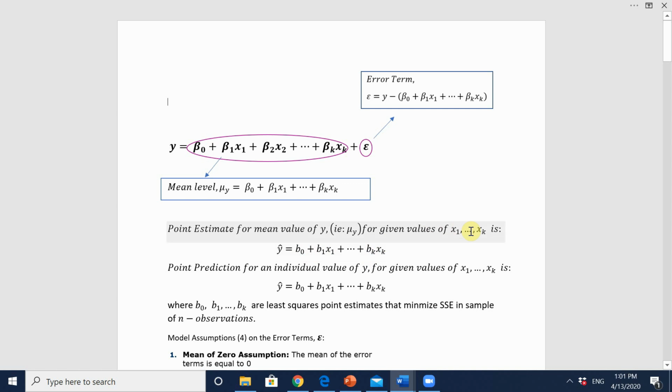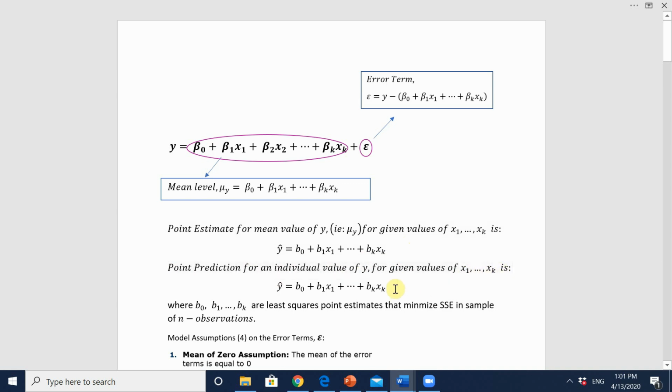Now what's interesting also here is, let's not forget, because it has been covered for simple linear regression, but let's review that again. We say that with the least squares point estimates, we also can obtain a point prediction for an individual value of y, for given values of x1 to xk.